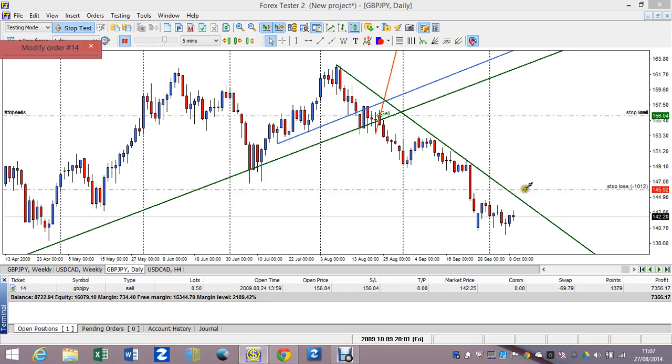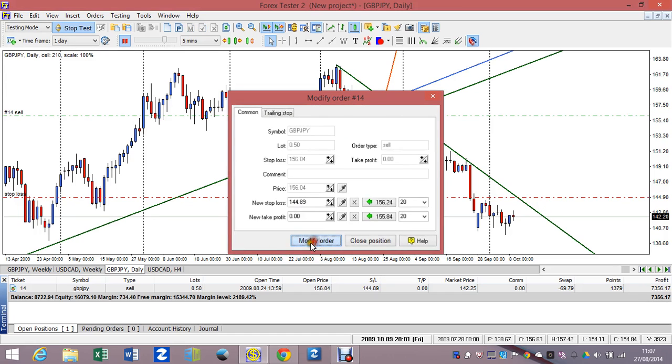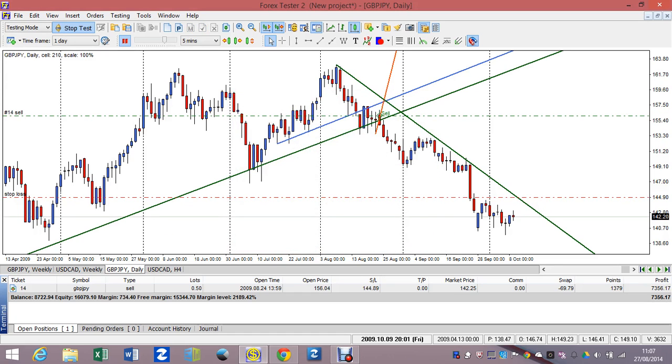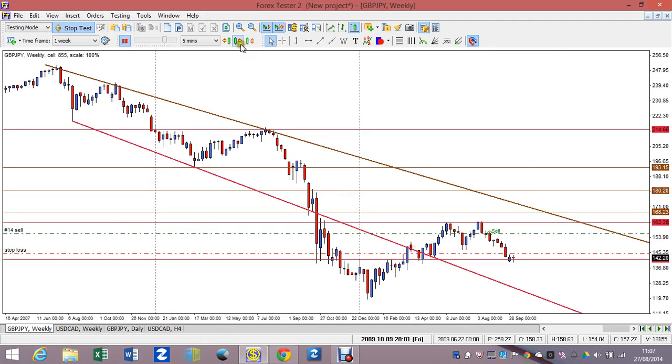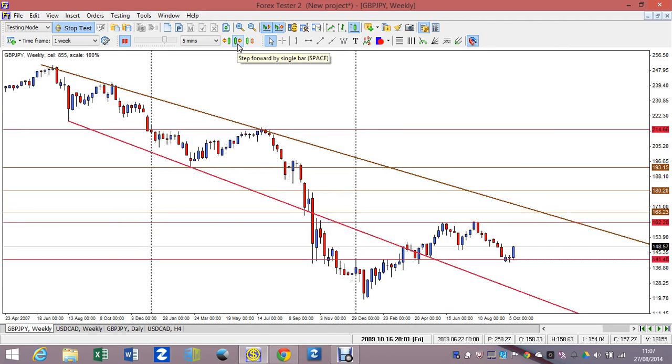I think stop there is still over 1,000 pips profit, and it still gives me the chance that this could go a bit further. Out we are.